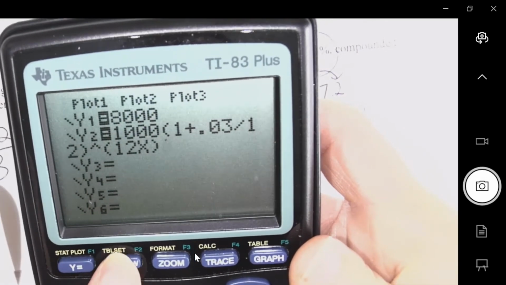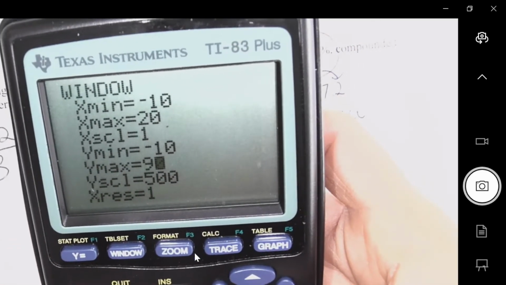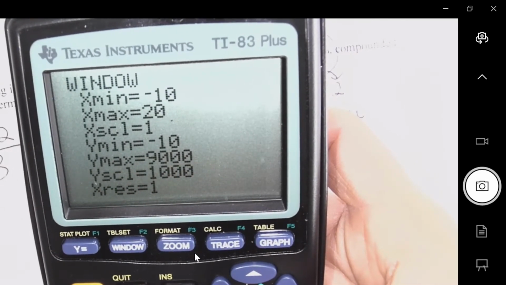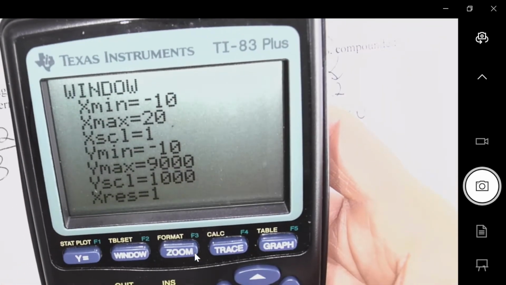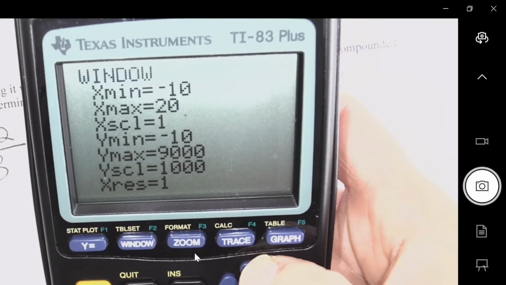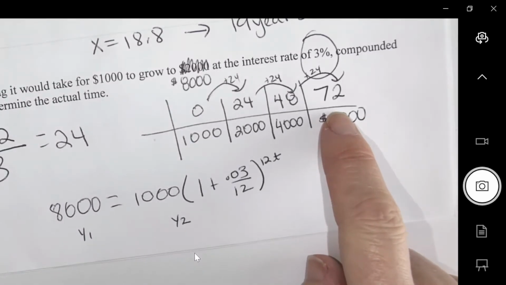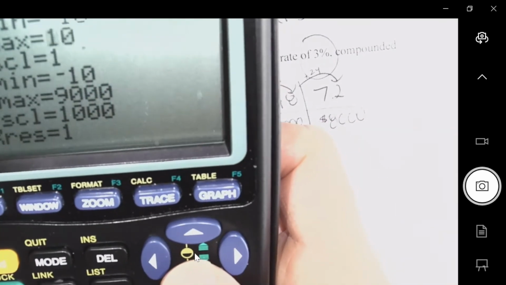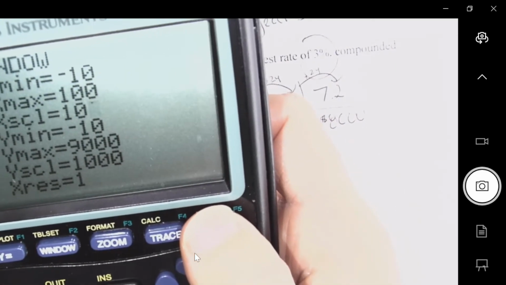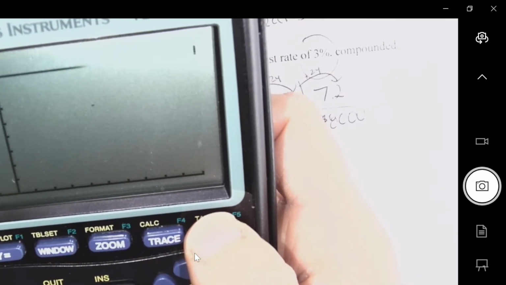Okay, I'm going to think about my window because my Y max, I'm going to put at 9,000 because I know I have to be at 8,000 as my highest, so I'm going to go 9,000. X, well, I already kind of have the answer. It's going to be around 72, so let's just go 100. Hopefully it graphs kind of quickly.